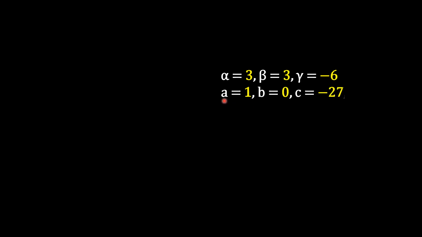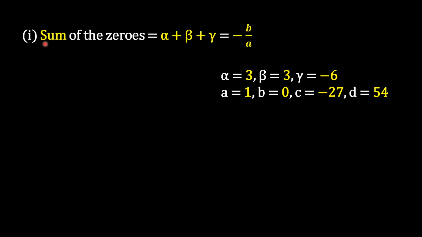Now we will verify the relationship between the zeros and the coefficients. For that, we will provide the values of the zeros alpha 3, beta 3, and gamma minus 6, and the coefficients a 1, b 0, c minus 27, and d 54. Number 1. Sum of zeros is alpha plus beta plus gamma, which is minus b upon a.